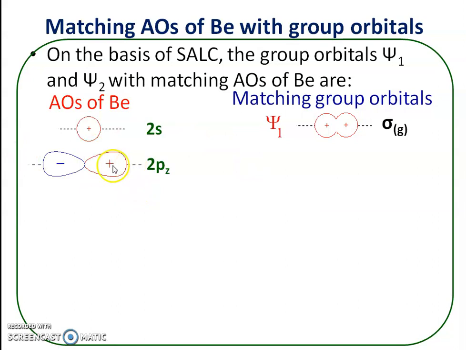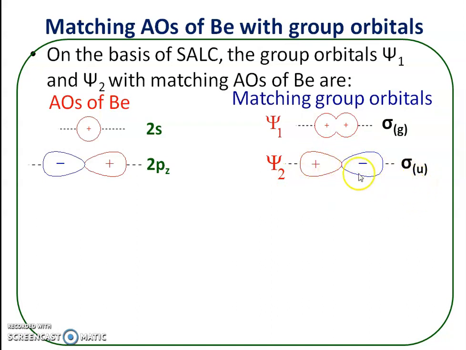Now consider another atomic orbital of beryllium, 2pz. In the 2pz orbital, two lobes are oriented along the internuclear axis, the z axis, one lobe positive and the other negative, and this 2pz atomic orbital of beryllium matches with the psi 2 group orbital formed by the peripheral hydrogen atoms, and this is the psi 2 group orbital.